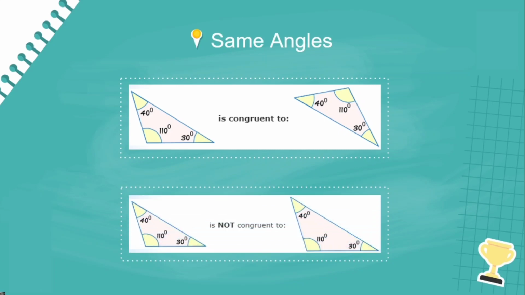Even if all angles match, one is larger than the other. So this is larger than this triangle. Just having the same angles is not a guarantee that they are congruent.